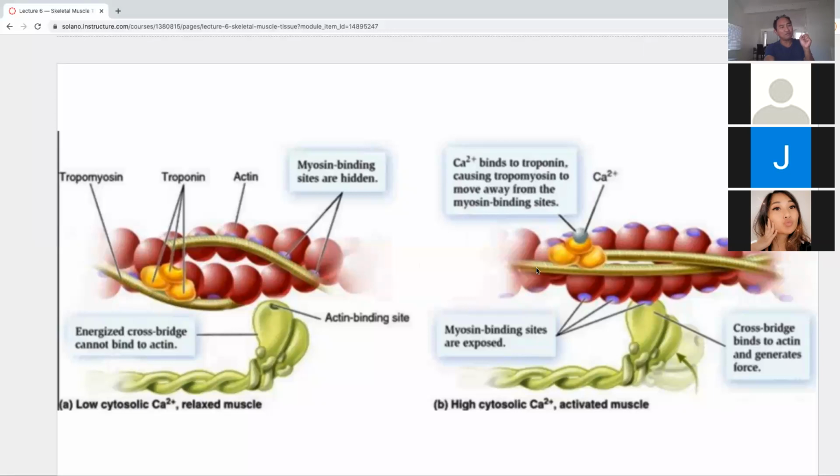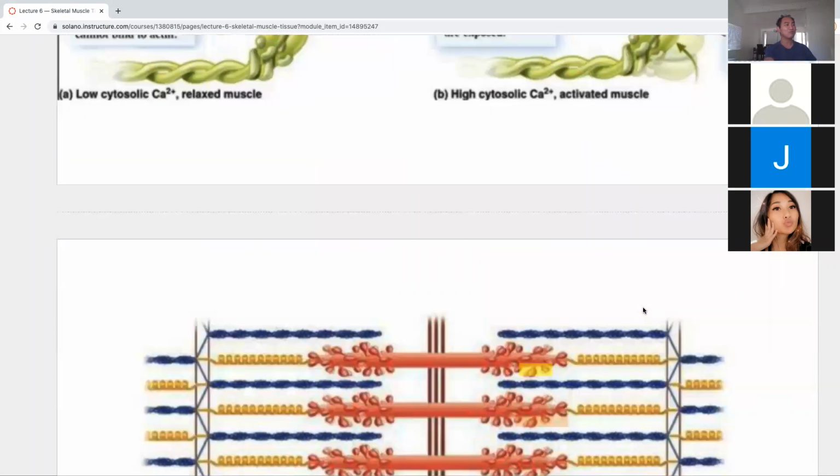Because of the change, the shape goes from a spiral structure to a straight structure, and it exposes the myosin binding site on the actin, and only then the myosin head can come and attach. That is the contraction of a sarcomere.